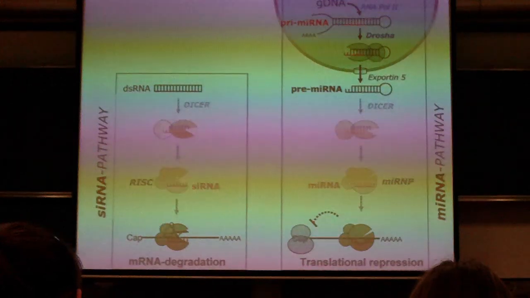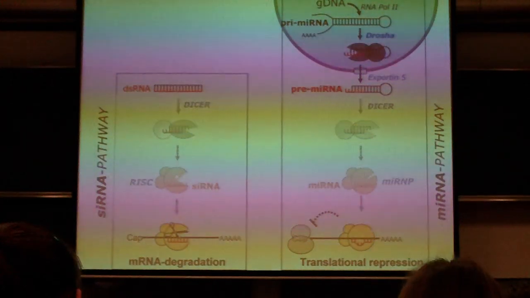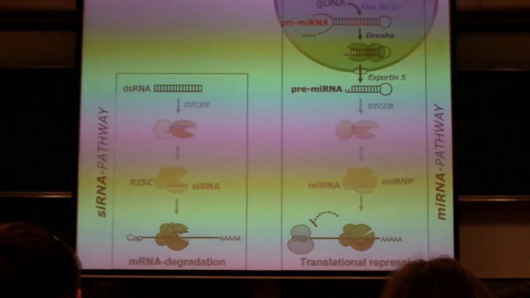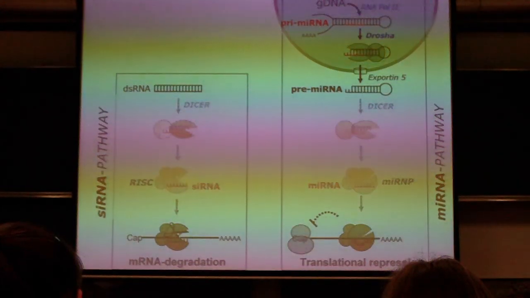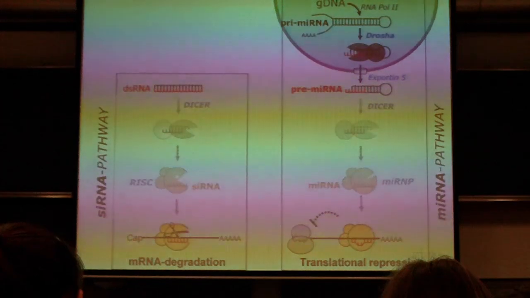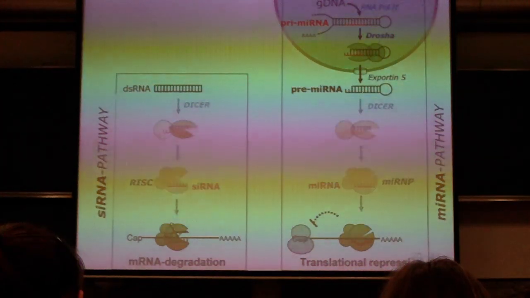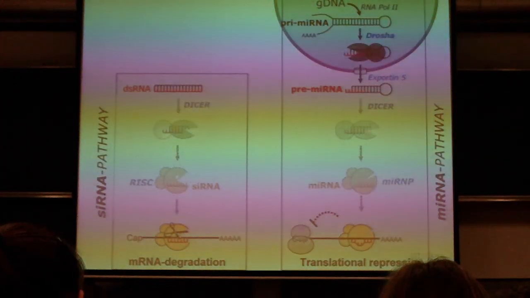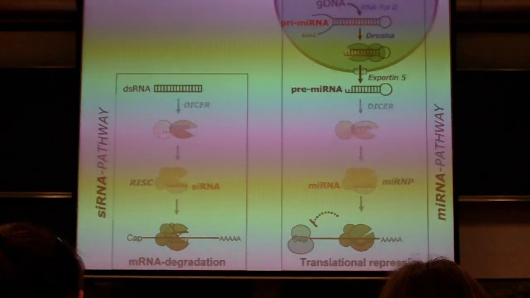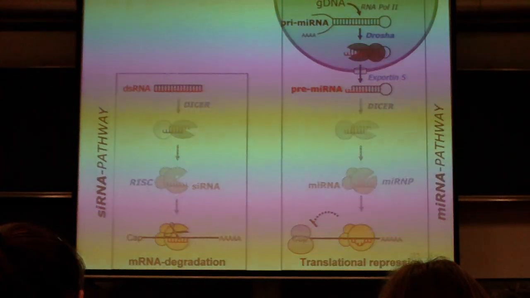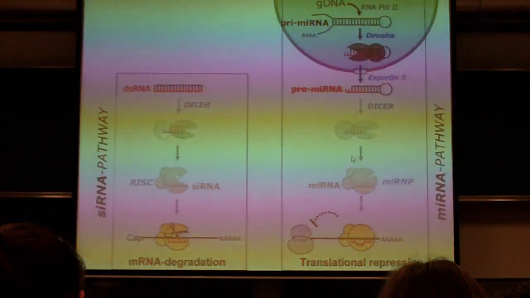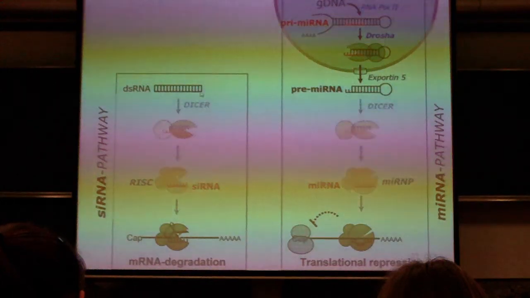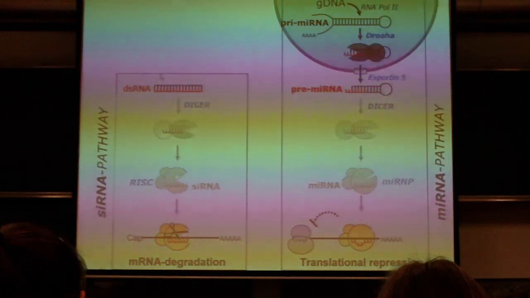I wouldn't really understand how this would work because you need some sort of very specific signal, and mostly these microRNAs are quite small and are not really suitable to transduce specific signals. Understand what I mean?